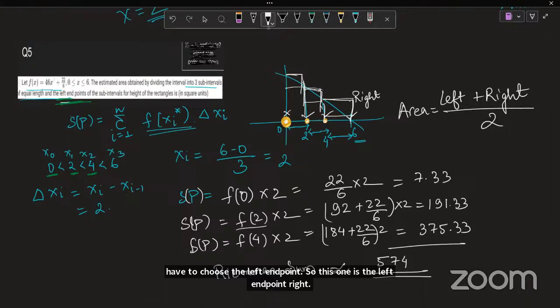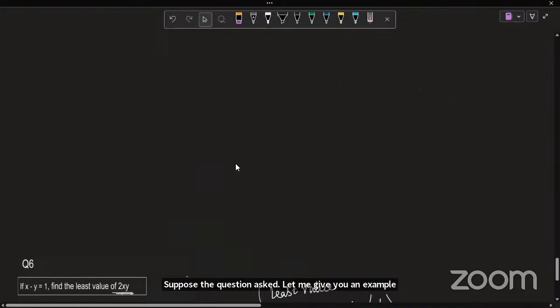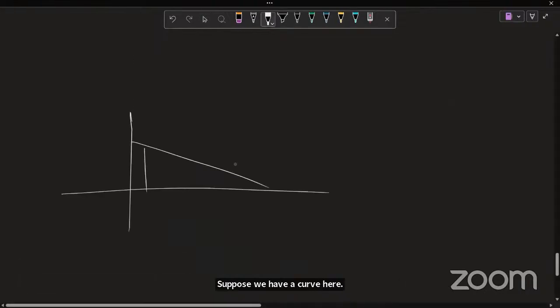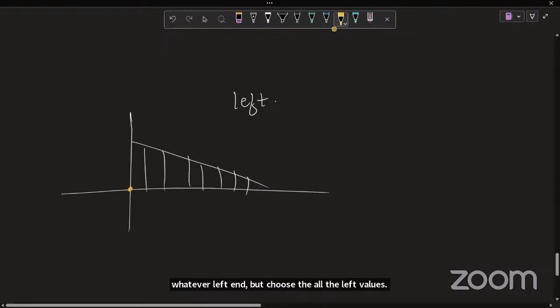Suppose the question asks, let me give you an example. Suppose we have a curve here and we are dividing this curve into some intervals. Suppose the question asks to find the left endpoints. So choose all the left values, all the points which are on the left.